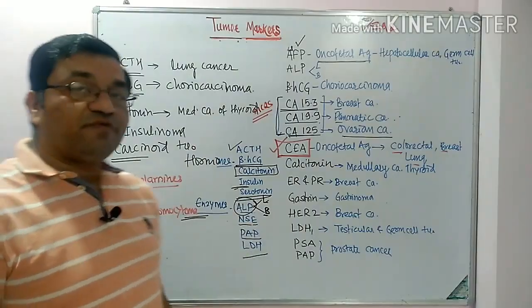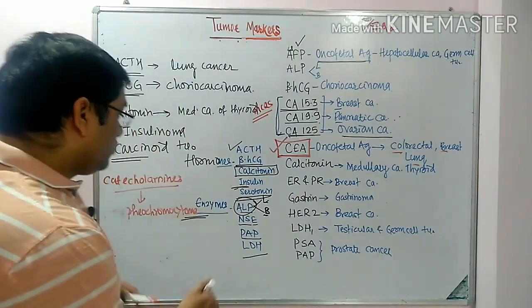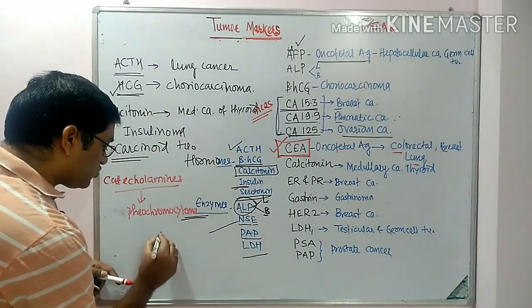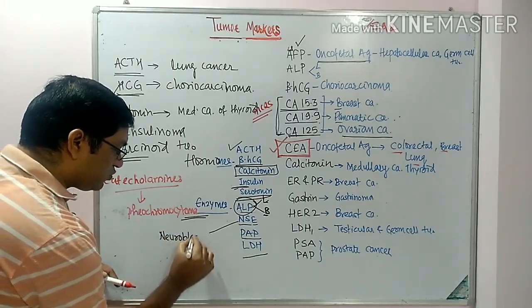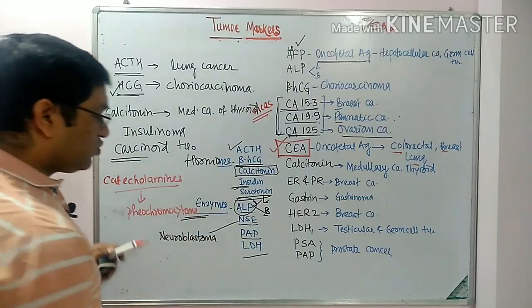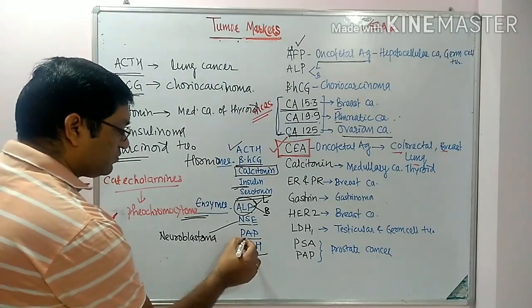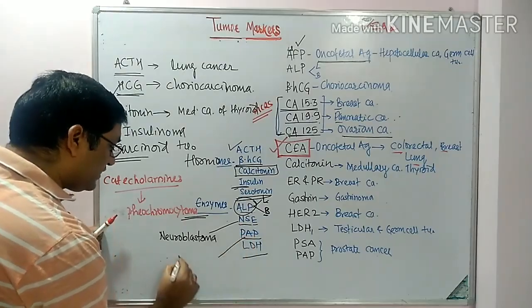Then neuron specific enolase is useful in the diagnosis of neuroblastoma, a nerve cell tumor. Then prostatic acid phosphatase. This enzyme is useful in the detection of prostate cancer.